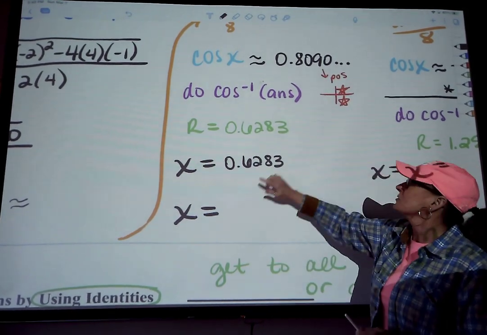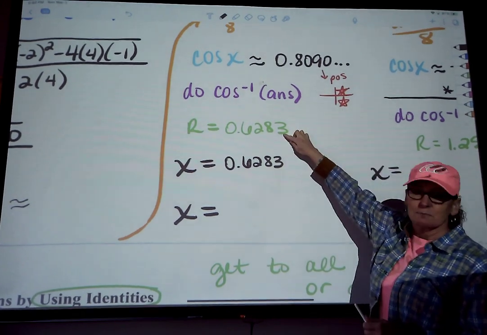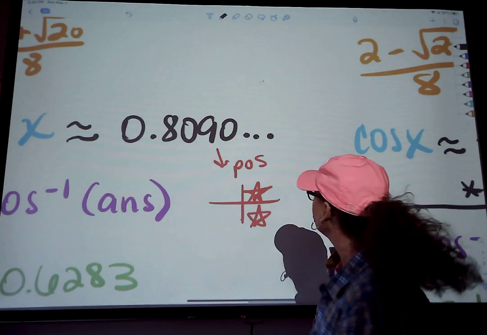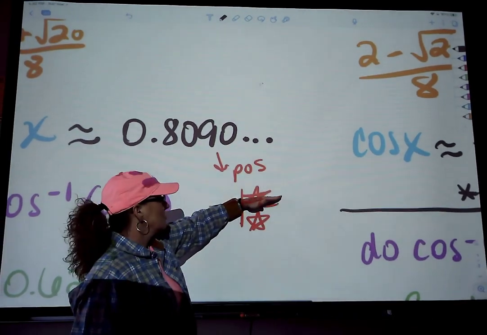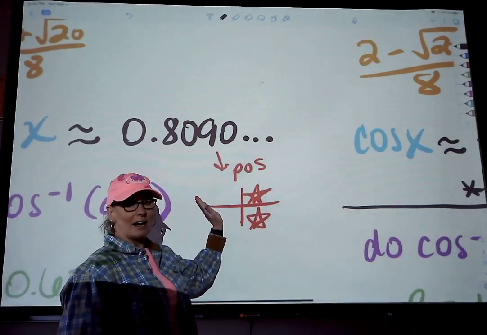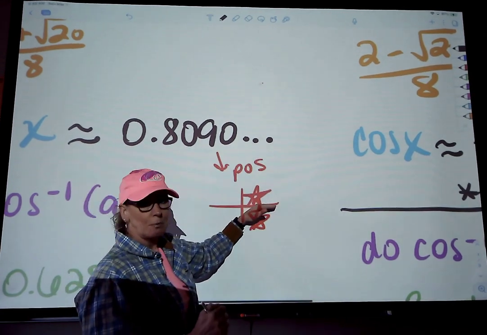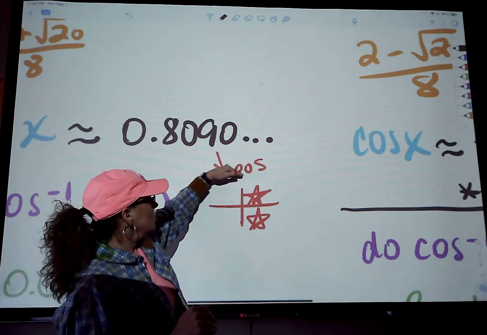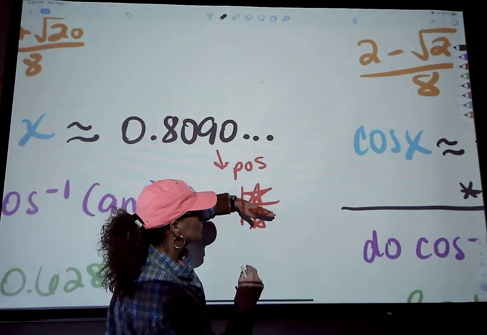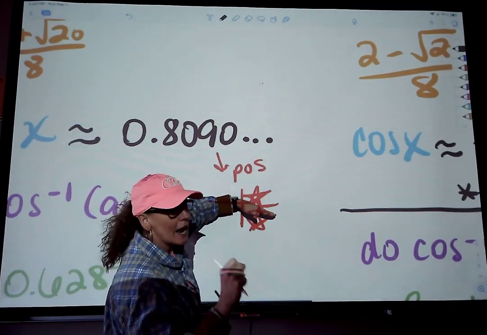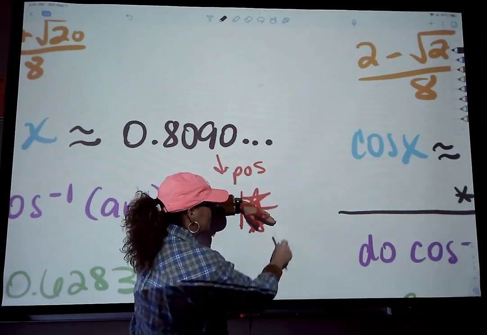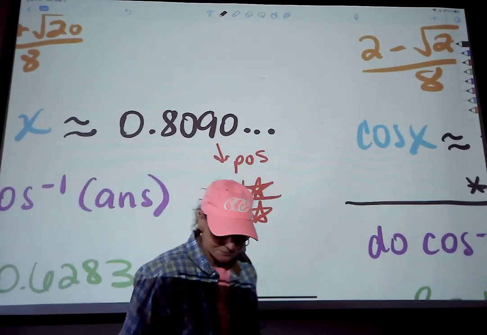What's my answer in quadrant 4 if this is my reference angle? Well, how do you get an angle in quadrant 4? You start here, you go all the way past pi, and you go all the way around to 2 pi. Just kidding, no you don't, you stop short. You stop just short of 2 pi. How much short do you stop? It's your reference angle.